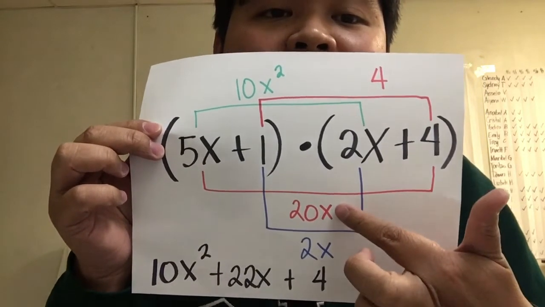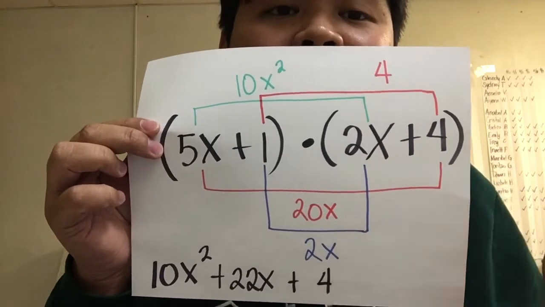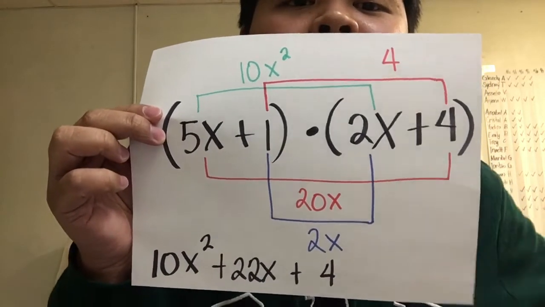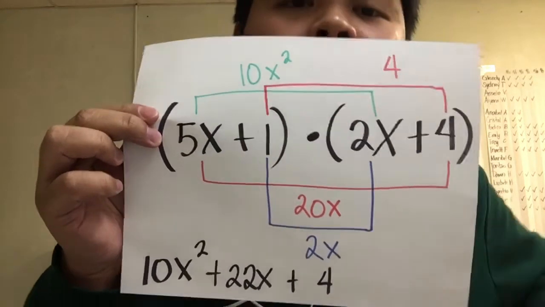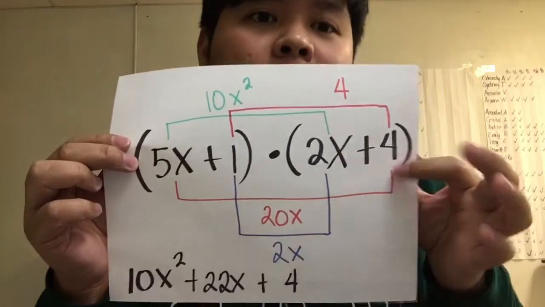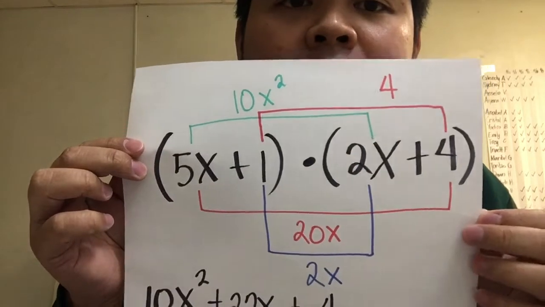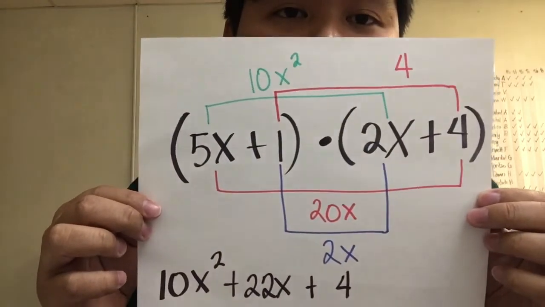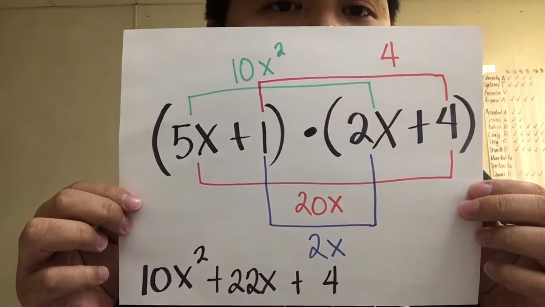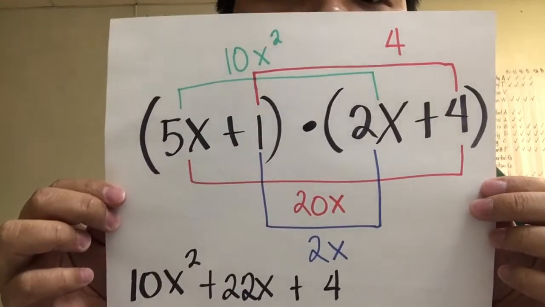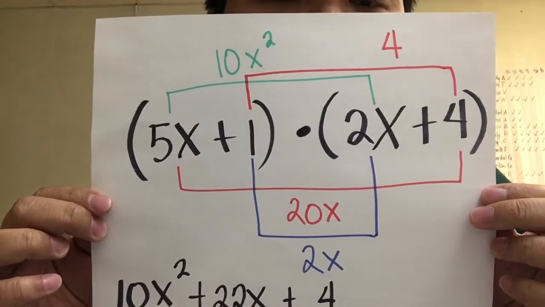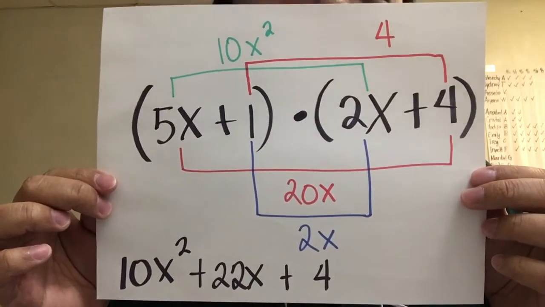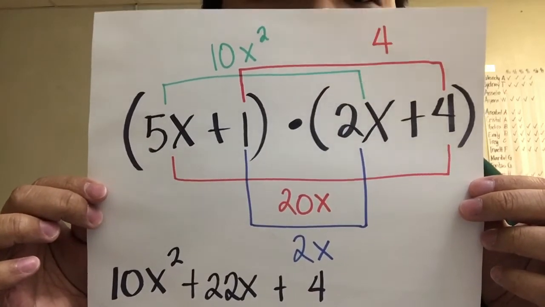And then I just combine 20x plus 2x because they are like terms. I call this the arrow method because you have a clear view of what numbers you have to multiply. If you're confused with the arrow, I encourage you to take a screenshot of this so that you know what numbers you're going to multiply.